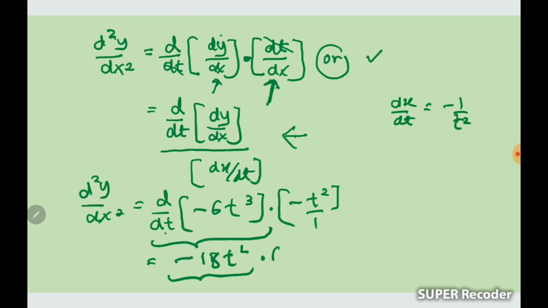Then you multiply with negative t squared. So finally our answer is negative times negative, positive 18t to the power of 4. Okay, so it's up to you, either you want to use this formula or the second one. Both are right.